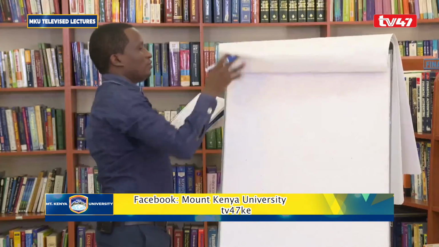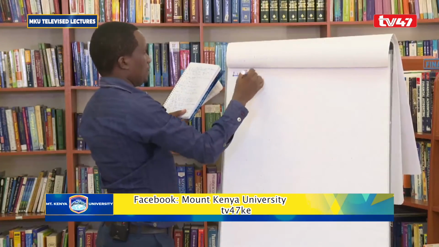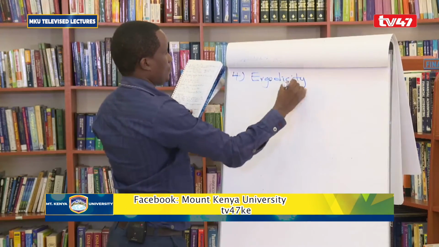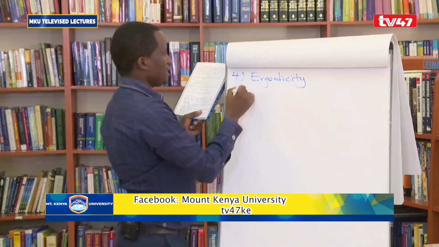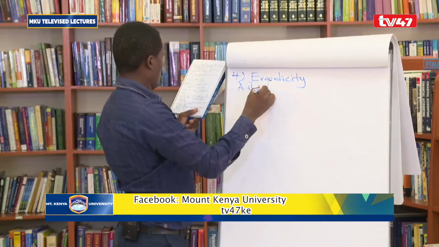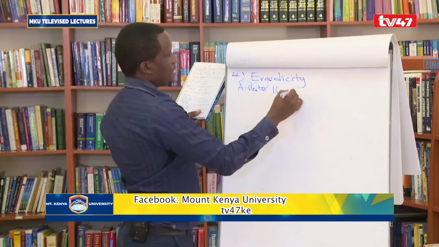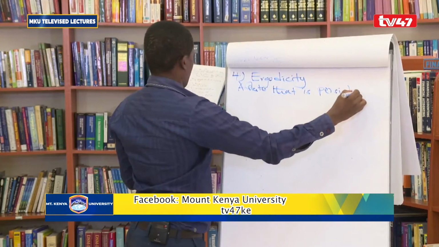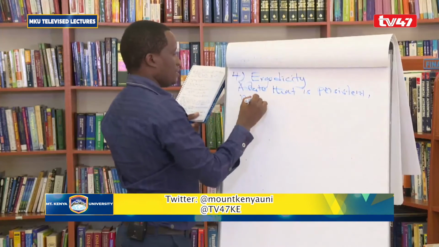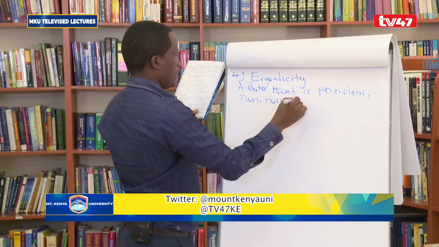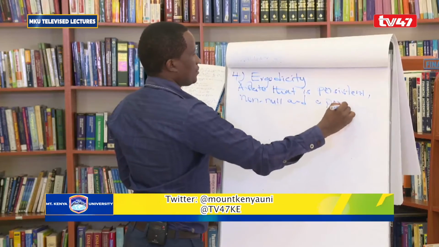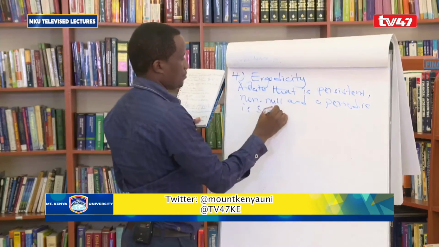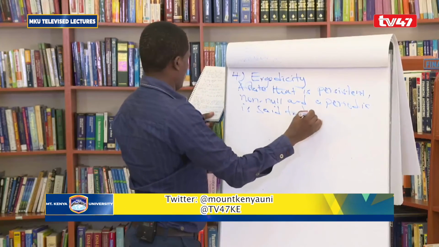Definition number 4, ergodicity. A state that is persistent, non-null and aperiodic is said to be ergodic.